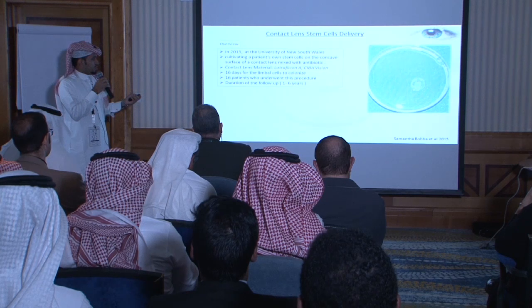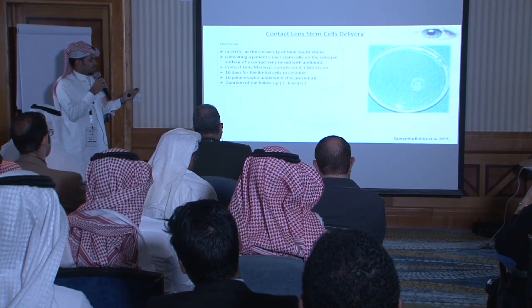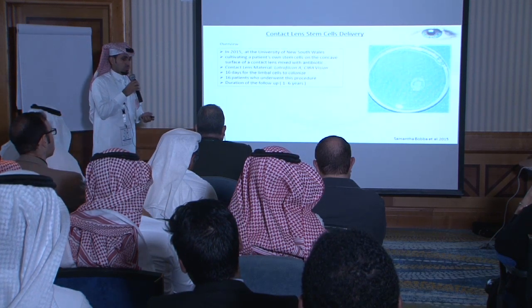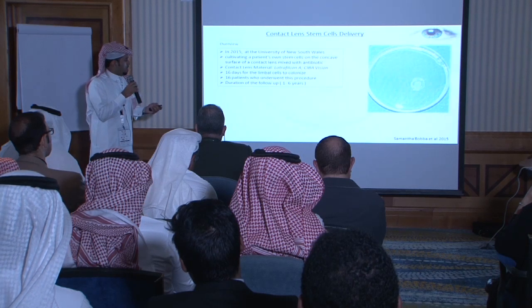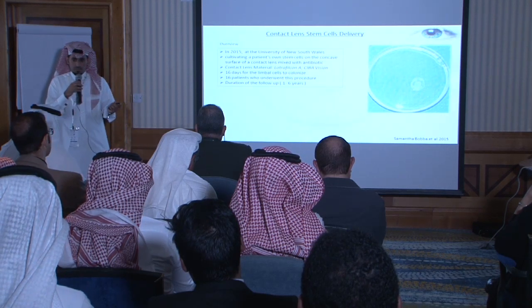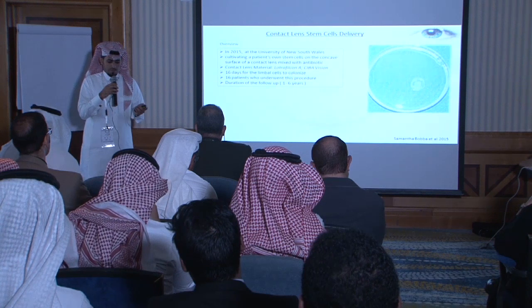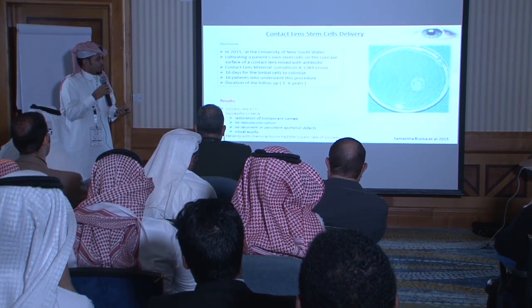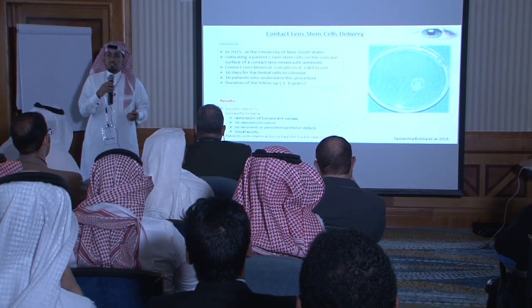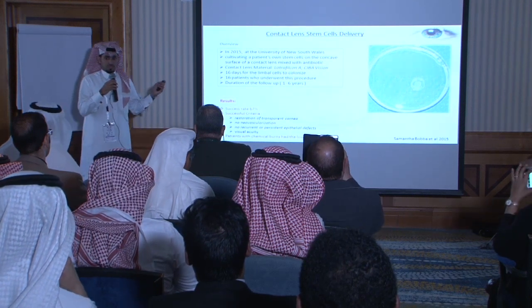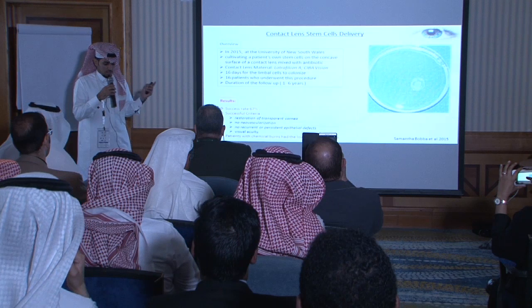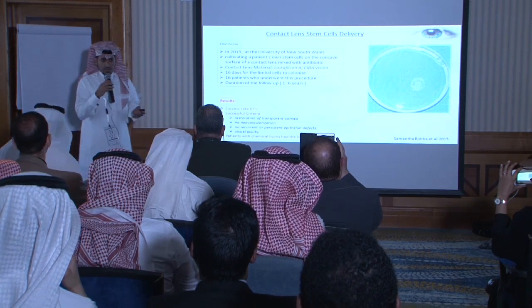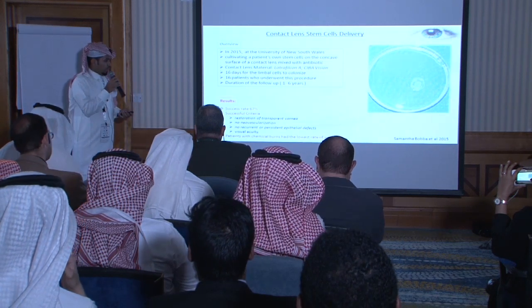These cells took 16 days to colonize, and 16 patients underwent this study with a duration from 1 to 6 years. The result of this study was amazing. 67% of these cases had a successful transplantation.